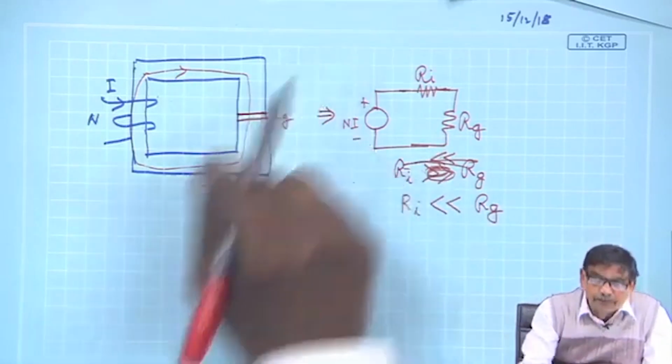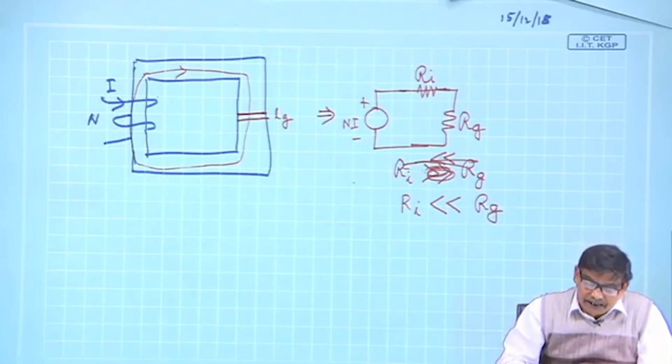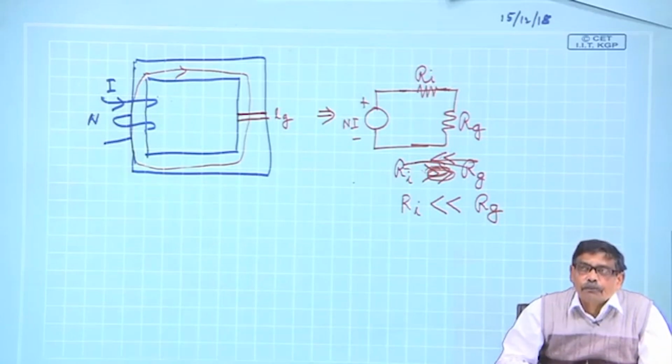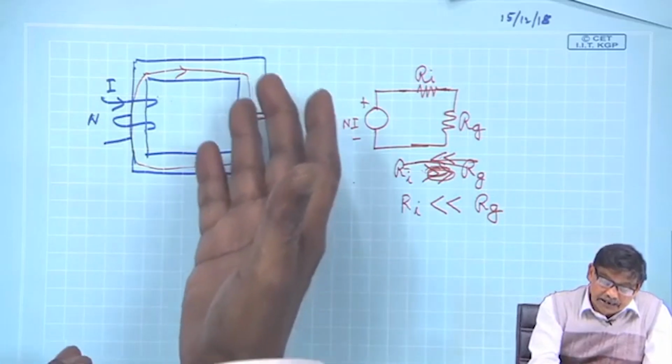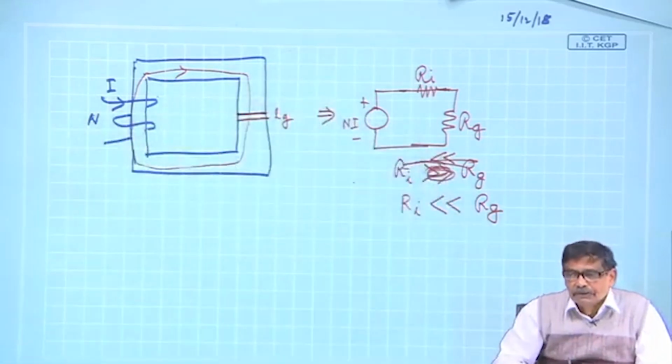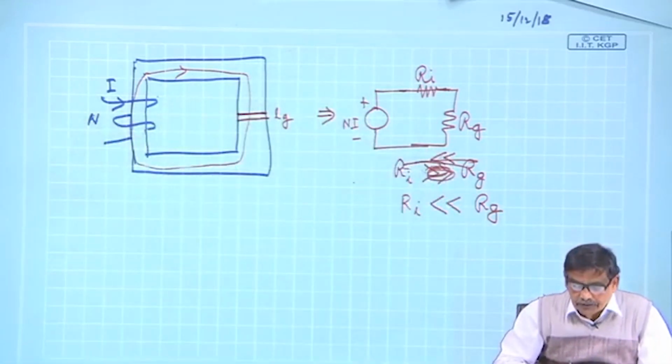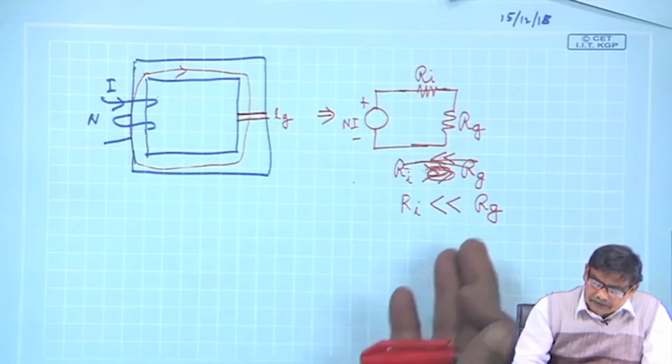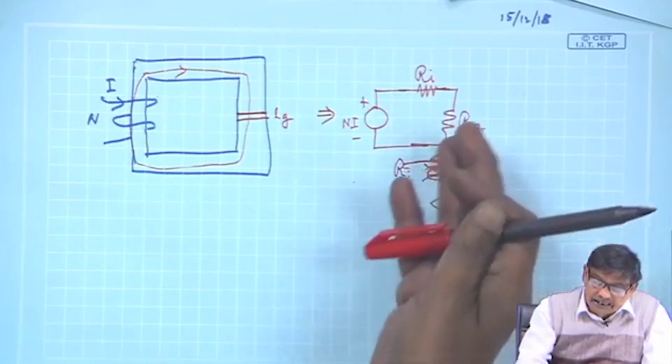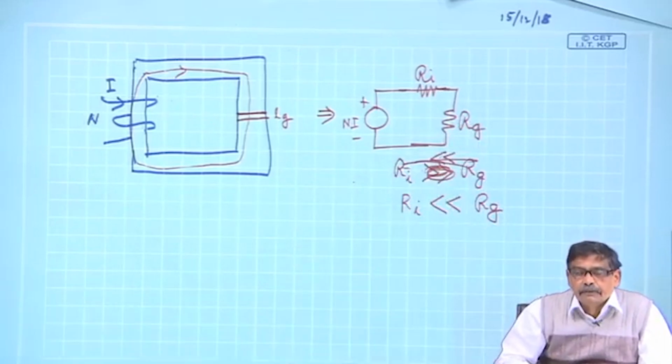Although the gap length is small, its permeability is so small, 4 pi into 10 to the power minus 7, while mu r of iron is of the order of 1000, 5,000, even 10,000. So the reluctance of the gap is very high.